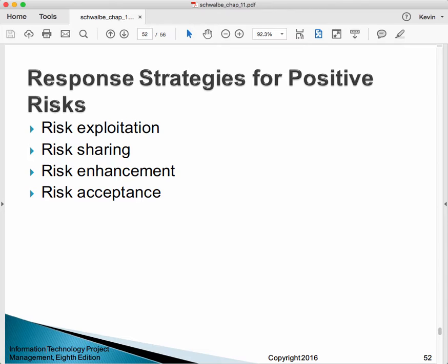This is where we have a risk. It has a positive outcome, and we're going to do everything that we can to exploit that risk and make sure that happens. Okay? Risk sharing is kind of like insurance, okay? Except what we do is we share some of the upside to make sure that it happens.